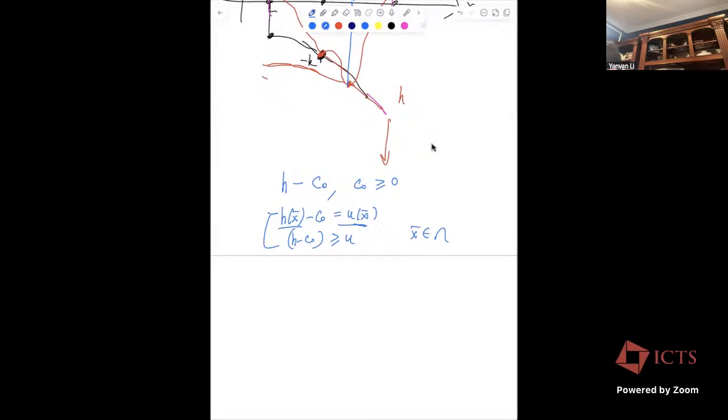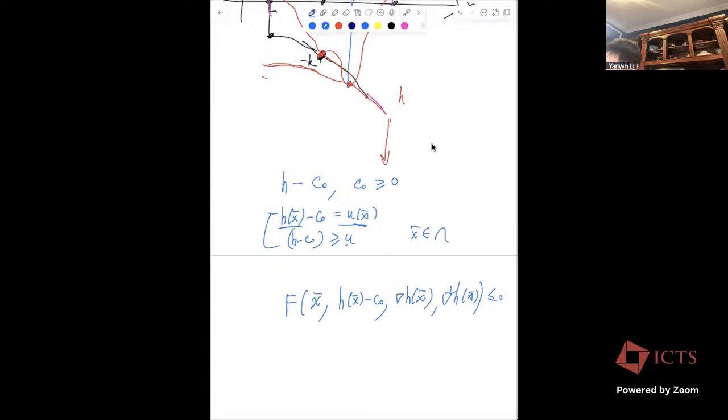so then by the definition of viscosity solution, you know that F of X bar, H X bar minus C0, gradient H X bar, Hessian H X bar, they should be less or equal than 0.